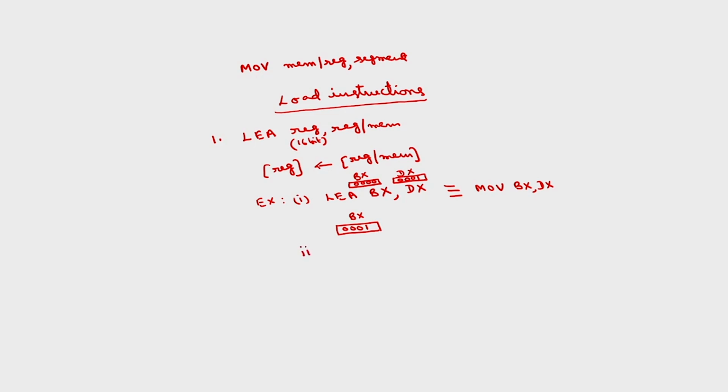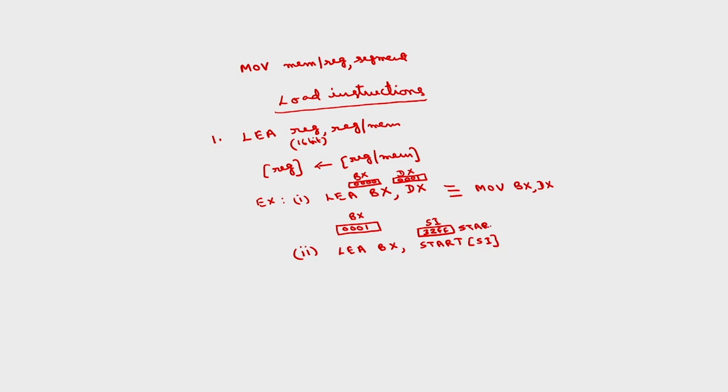If we take the second example, LEA BX comma, if I give start SI. In this case, I assume that the start value is the same 0040, which I assumed in the last example, and SI contents are say 32FF.